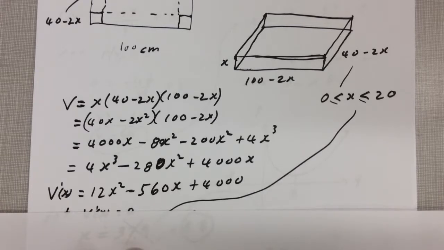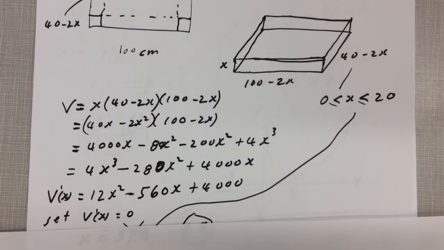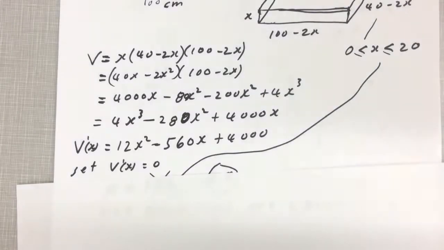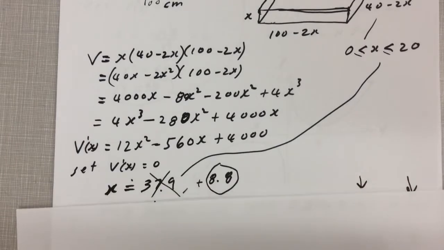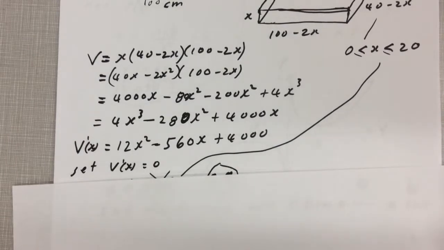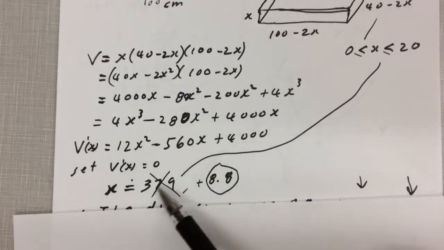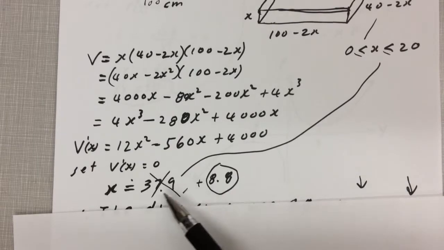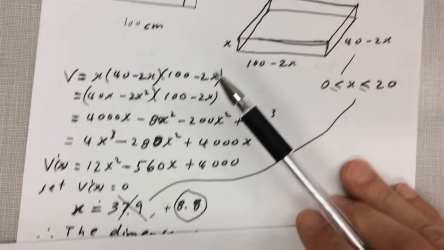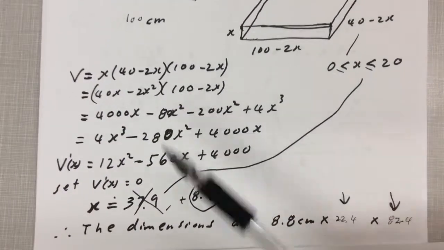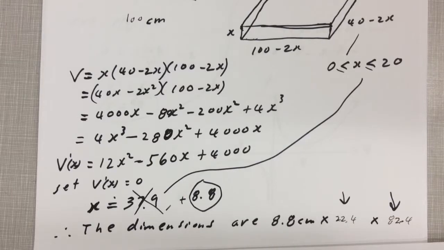So when we look at this, V prime equal to 0, we solve that quadratic using the quadratic formula or factoring, to get these two answers, 37.9 and 8.8. Well, 37.9 is outside our restriction of 0 to 20, so that can't be it. So 8.8 must be our answer.